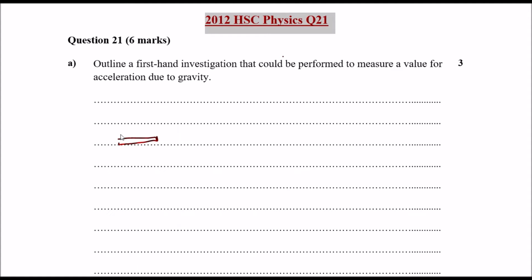So if we draw our pendulum like so, and then we have our little mass. That's our retort stand there, and that's our little pendulum, and we're going to swing our pendulum in this direction and then back, going through that oscillating process.